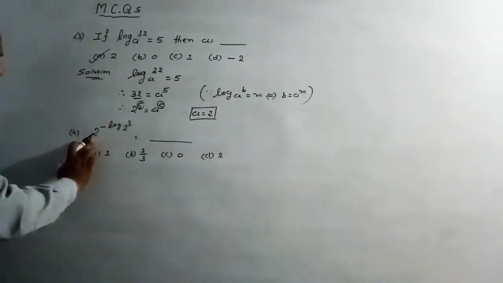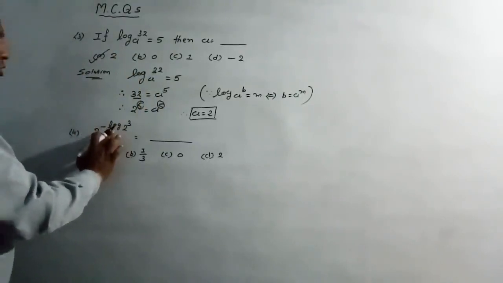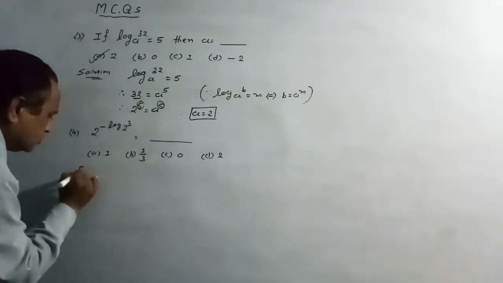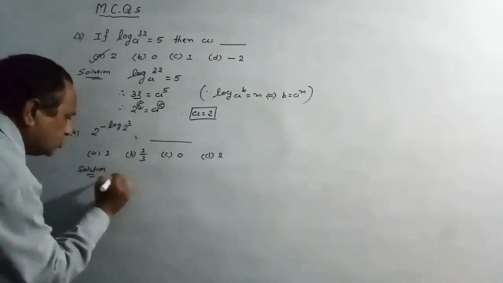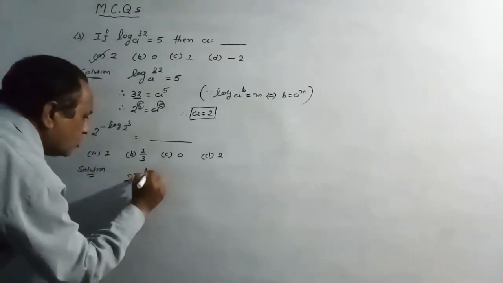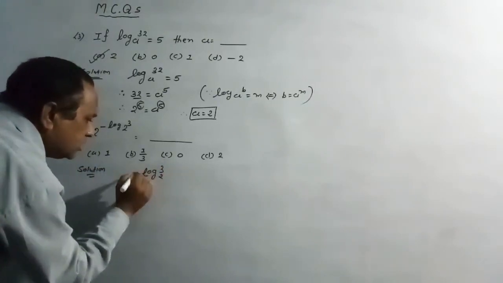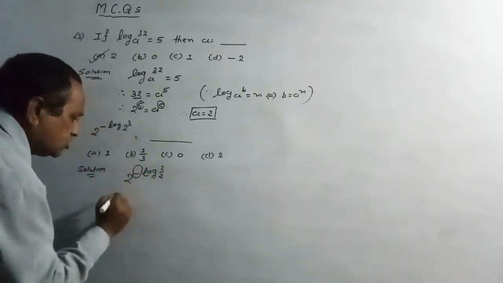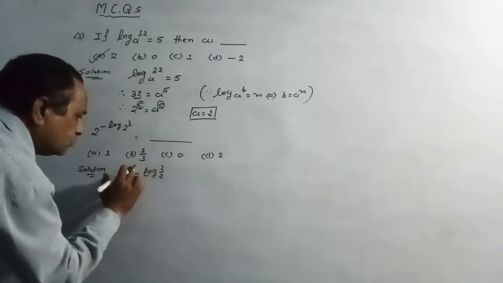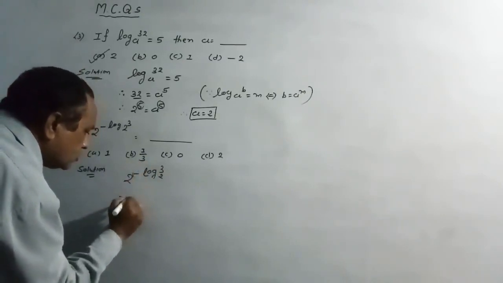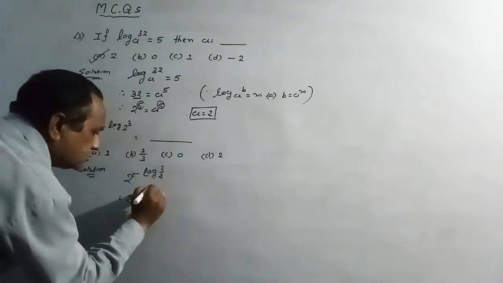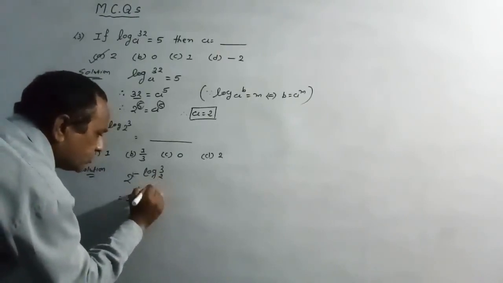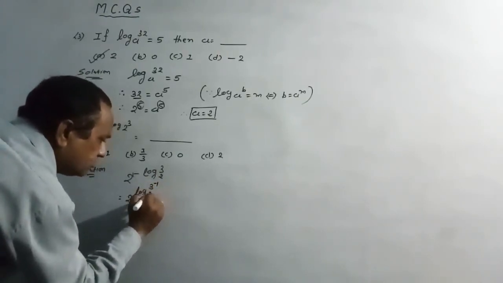Fourth MCQ, 2 raised to minus log 3 raised to. Now here is the solution, 2 raised to minus log 3 raised to minus 1. So 2 raised to log of 3 raised to minus 1 base 2.